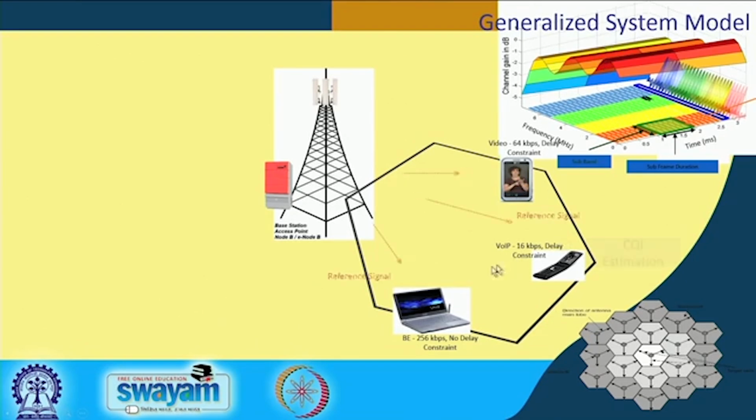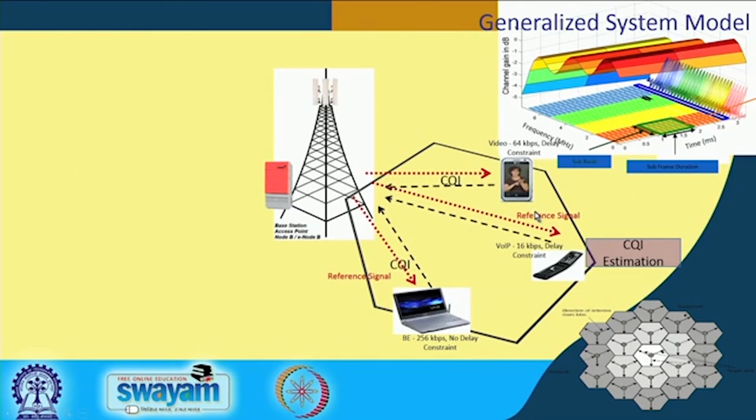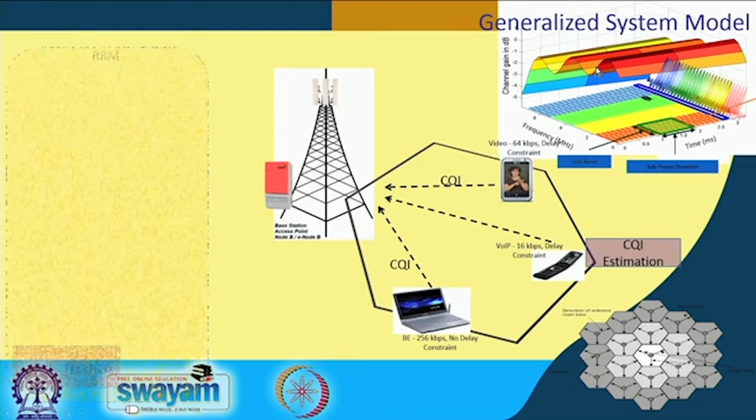Each user will see such different channel conditions in the desired cell, and there will be heavy interference from all the neighboring cells. The base station communicates with the user equipments with reference signals. They demand different services simultaneously, and they send back the channel quality indicator, which is a representation of the kind of links that the users experience.